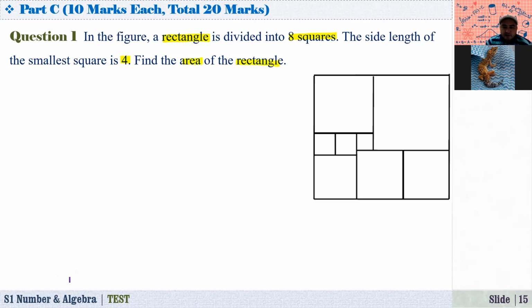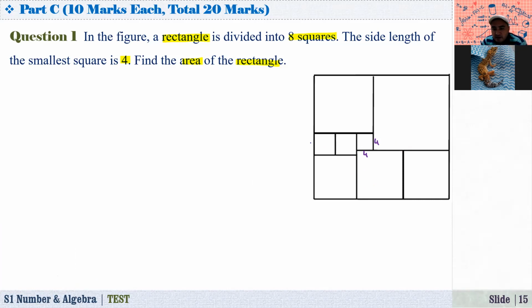Okay. Since the side length of the smallest square is 4, let's say this is 4, and also this is 4, and 4. Actually, these 2 small squares are the same. Let me just start from here.